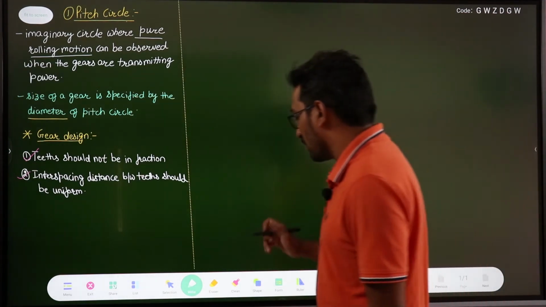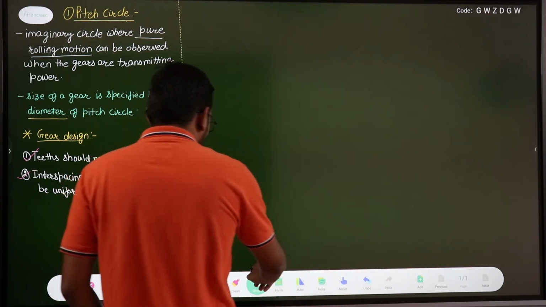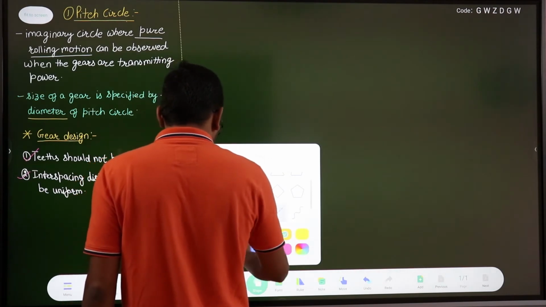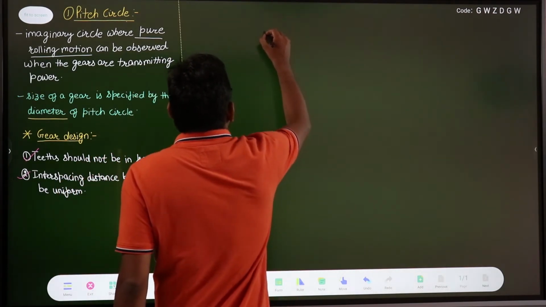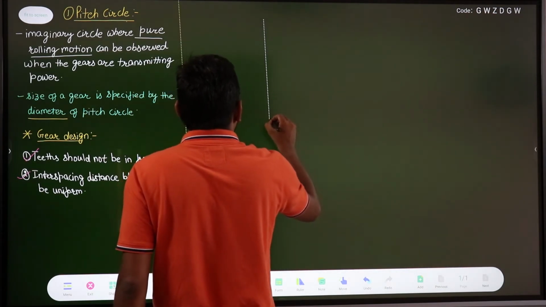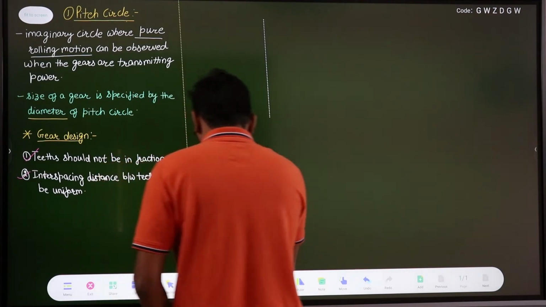Now let us discuss one important factor here. This diagram you will see again and again. Suppose we have two shafts. Just pay attention.